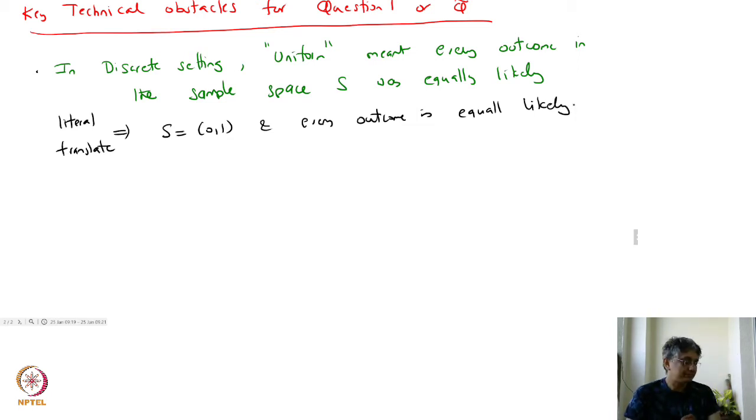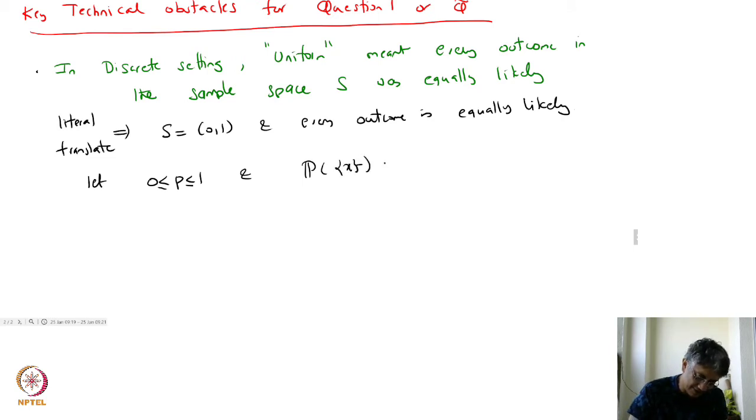So let's say 0 < p ≤ 1, and let's say the probability of a single event {x} is equal to p for all x in S. So this is what we would do literally.